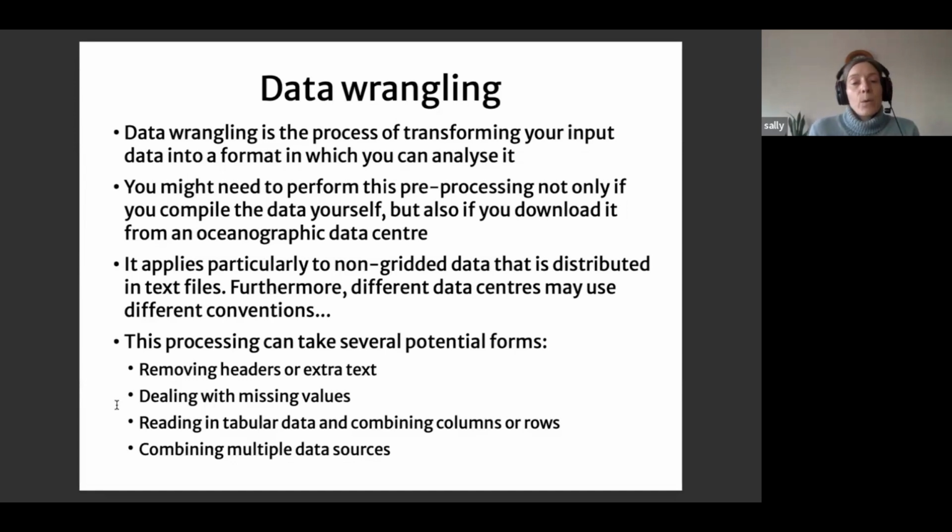You might need to work out how to deal with fixed format data. So the data might be in a number of fixed columns or fixed rows. And also you might need to combine multiple data sources. So potentially you could have different files that have different formats. Let's look at an example for that with data that's come from an oceanographic data center.